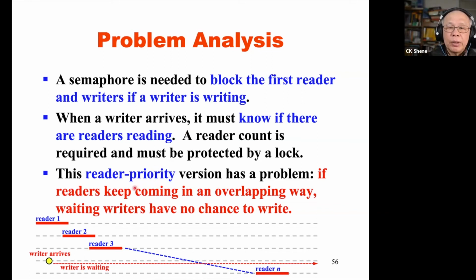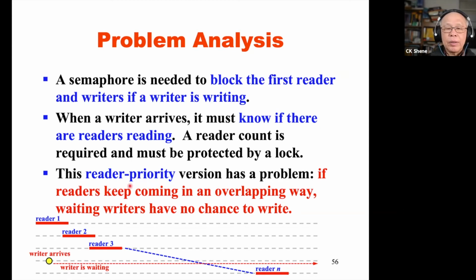As we mentioned, this is the reader priority version. It does have a big problem. Very unfair to the writers. What this problem is, if the readers keep coming in an overlapping way, waiting writers have no chance to write.